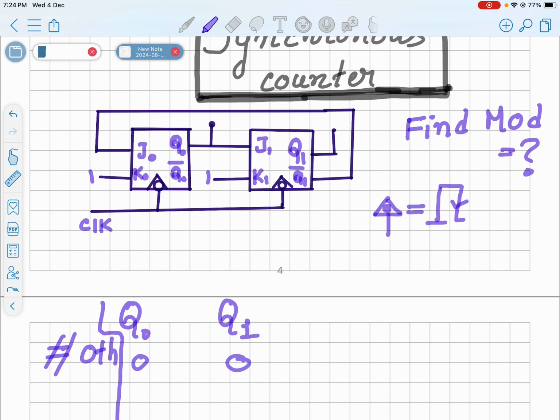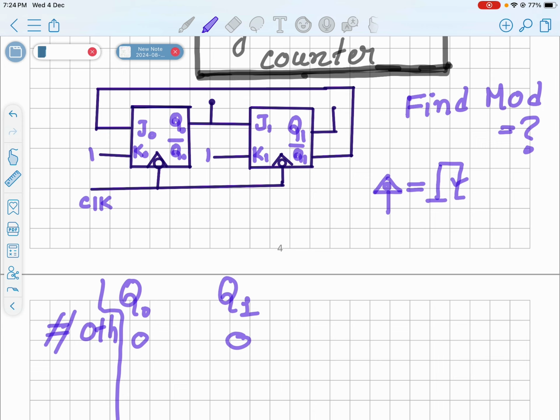So here first of all we have to write the J0 relation. J0 is connected to Q1 bar, so J0 equals Q1 bar, and K0 equals always 1.